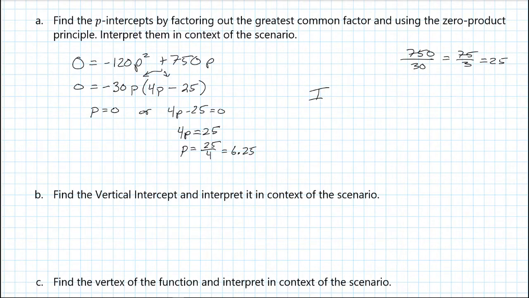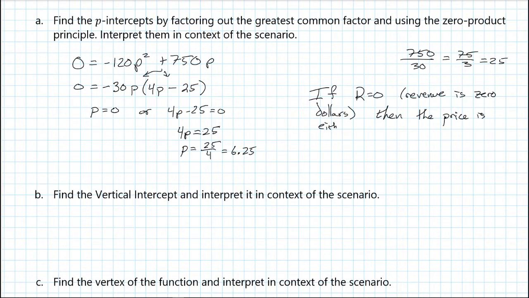If we interpret this, what this is saying is that by setting capital R equals 0, so the revenue is $0, then the price is either $0 or $6.25.